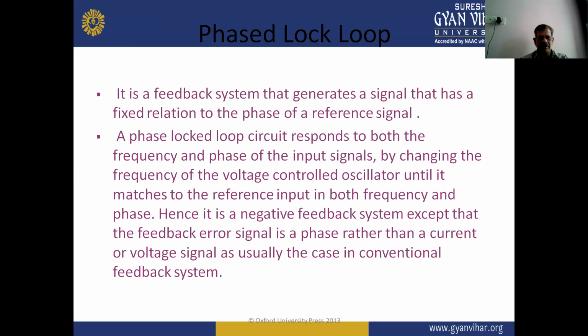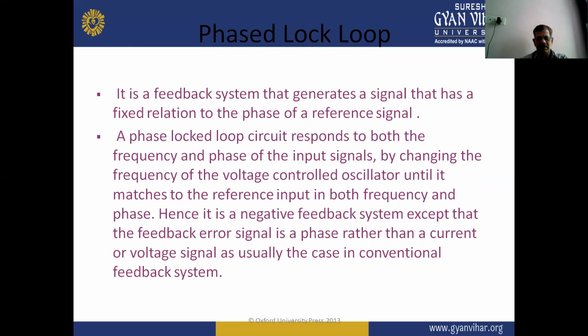It is a feedback system that generates a signal that has a fixed relation to the phase of a reference signal. A phase lock loop (PLL) circuit responds to both the frequency and phase of the input signals by changing the frequency of the voltage control oscillator until it matches the reference input in both frequency and phase.